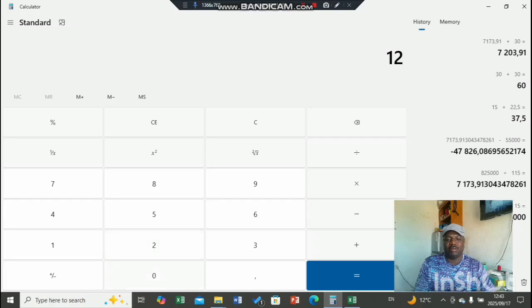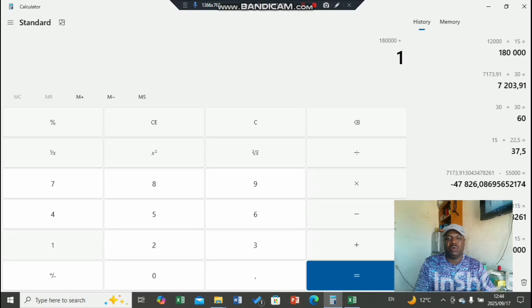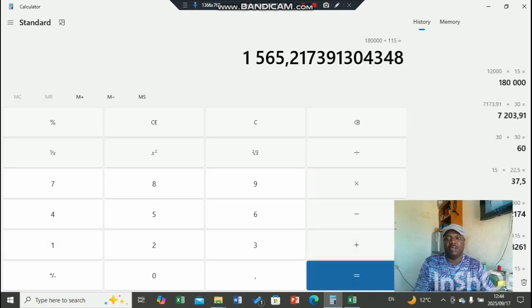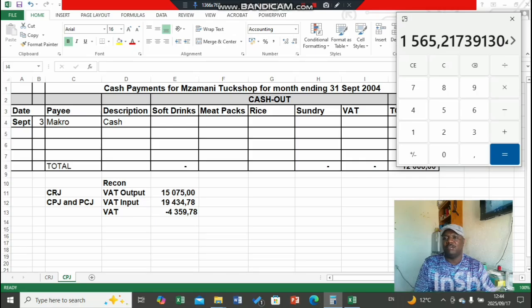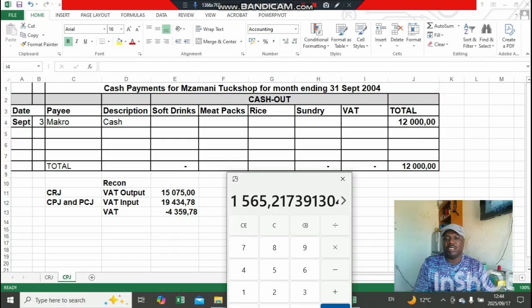We take the 12,000 that he was charged by the supplier, Macro, multiply by 15, divide by 115. 1,565.22 is the VAT that he was charged. Write it here.